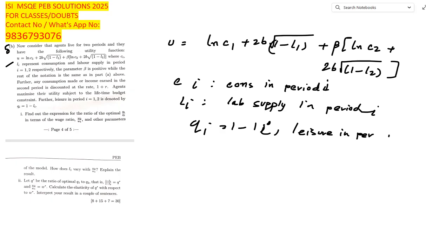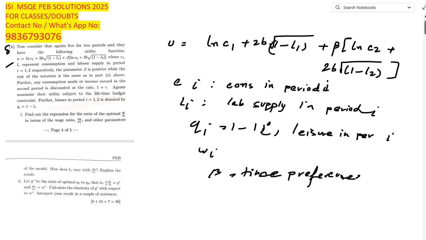In period i, W_i is the wage, beta is the time preference parameter. Finally, R is also provided, the interest rate.